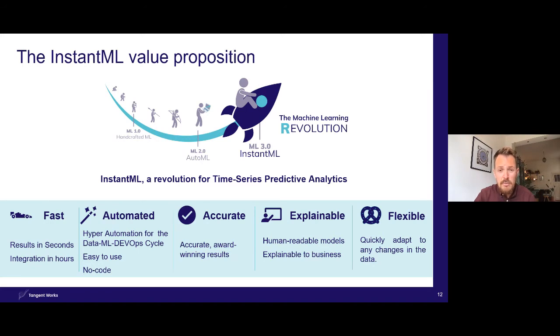And that high level of automation, with no code, no Python, no R, makes it very easy to use. On top of that, it's super fast, ideal for BI dashboards, where you have a dynamic environment and you want to get updated as a business planner or business analyst on your demand, on your sales, on your production, your maintenance, and so on, to better plan that, to get real insights. But of course, we are also accurate.